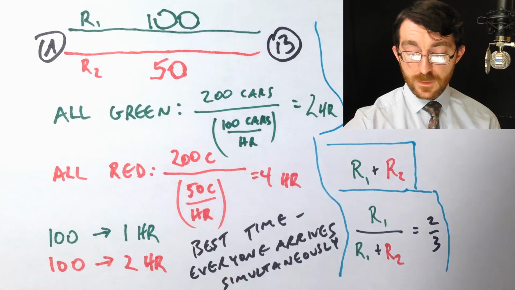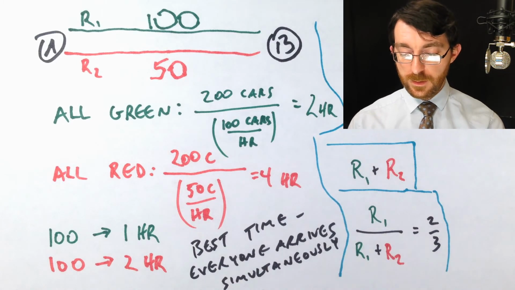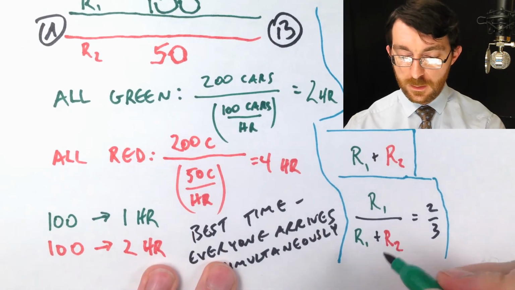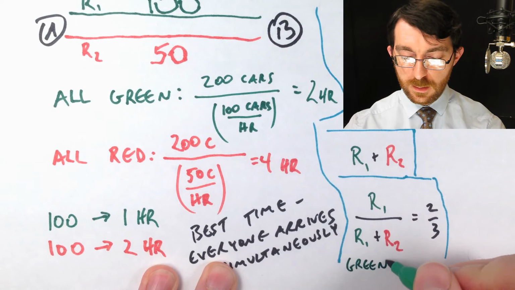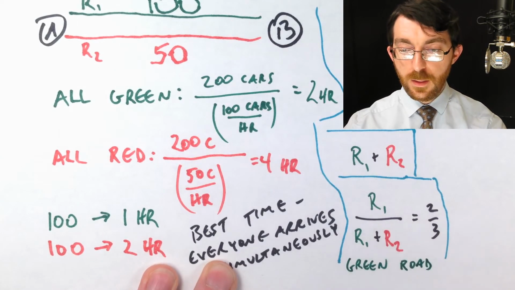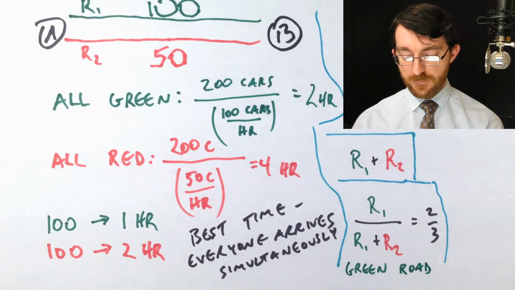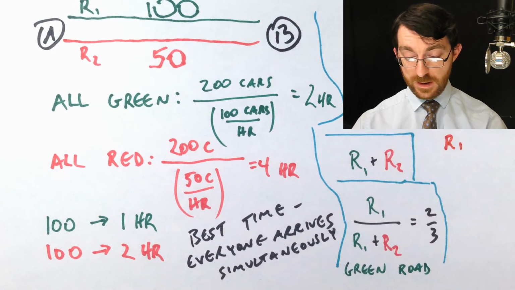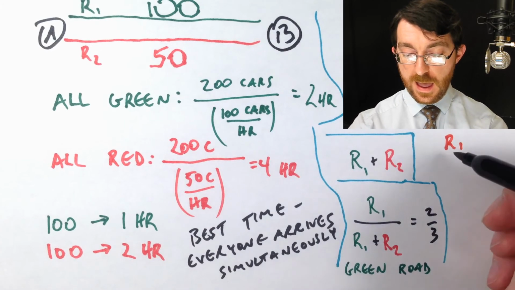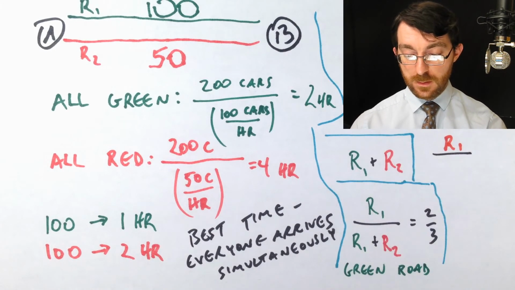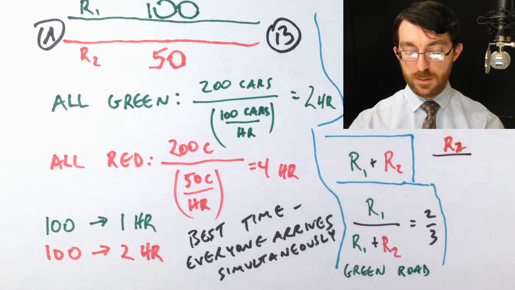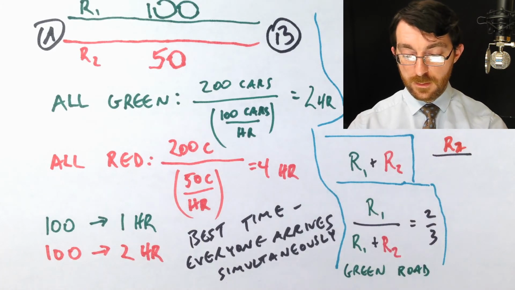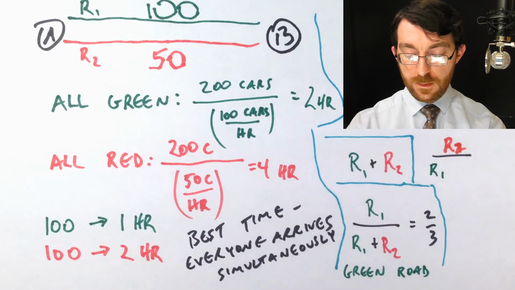And the red road. Let me actually label this. That's the green road, the amount of the traffic that the green road can handle. The amount of traffic that the red road can handle is going to be its rate, R2, out of the sum.